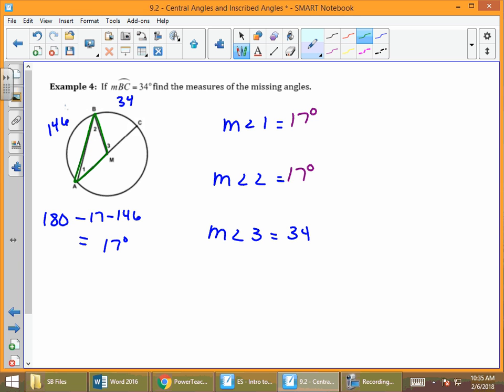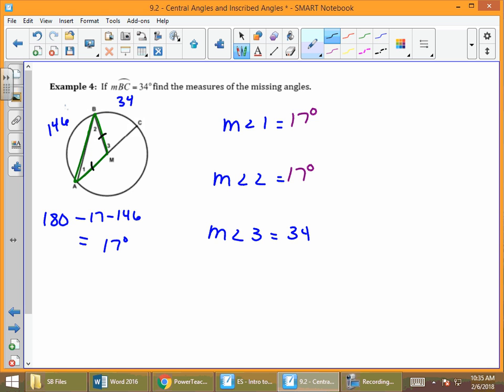They're both what? What's AM and MB? What part of the circle are they? What's going from the center to the edge? The radius, right? And we know the radius of the same circle, so they're the same. So now, what type of triangle is that? Two sides are the same, we call it isosceles.